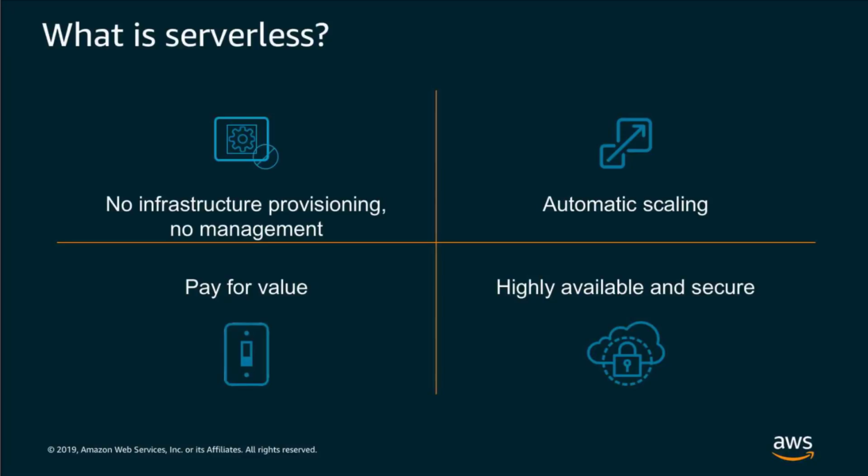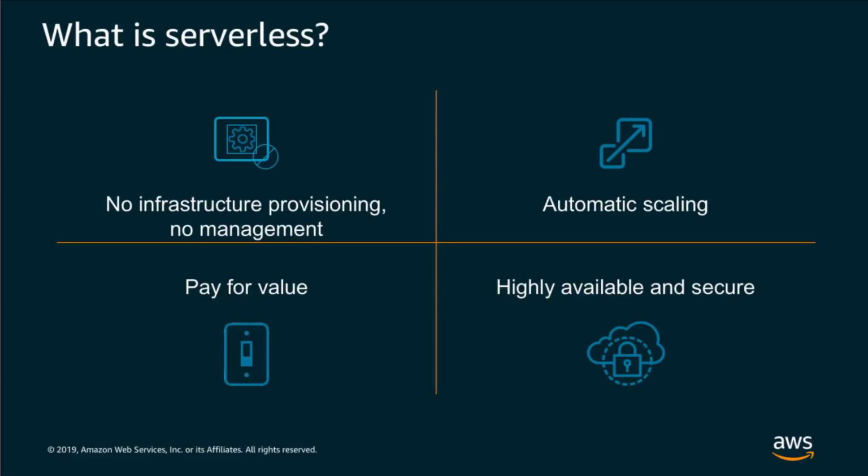This is an important distinction for customers because it allows customers to focus on building the application rather than the management and scaling of the infrastructure to support the application. This means not thinking about the infrastructure or scaling. It means you only pay for the value, and it means availability and security are already built in.